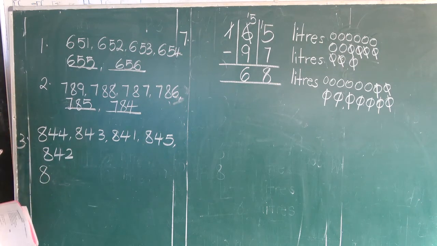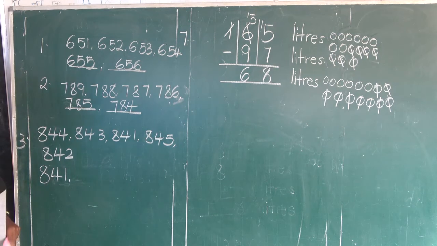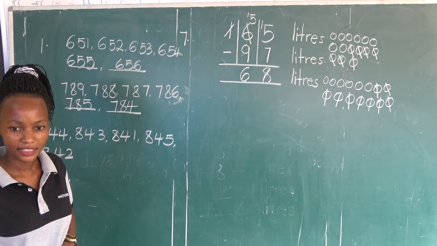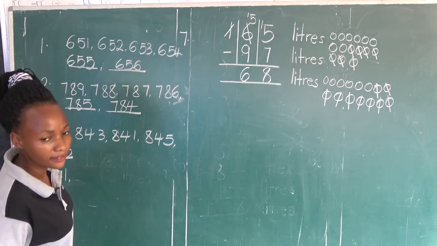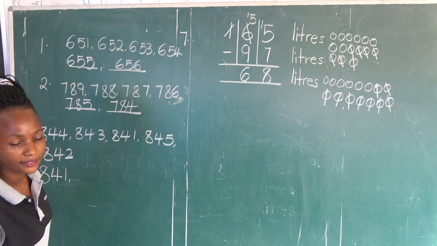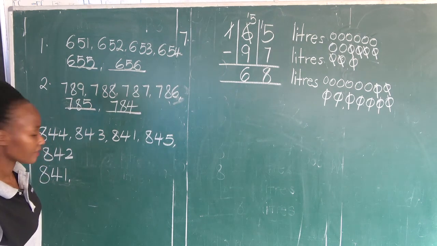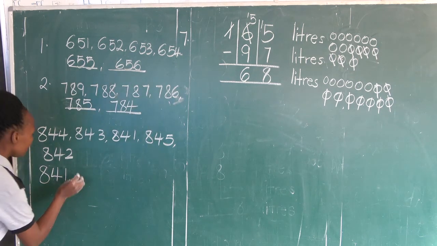Now we are writing our answer. 841, we put a comma. Which number is supposed to be the next one? Yes, Larry? 842.